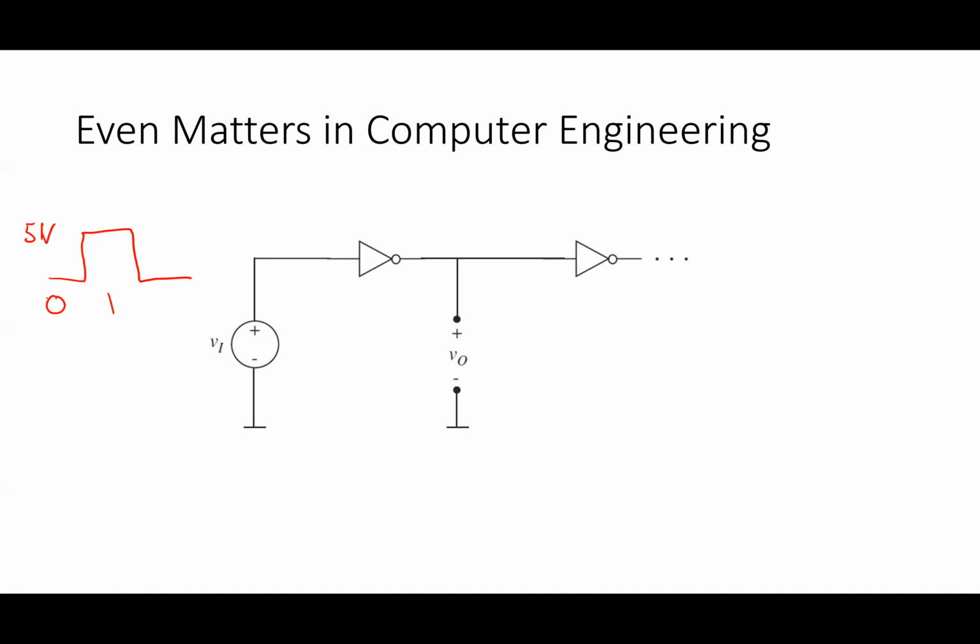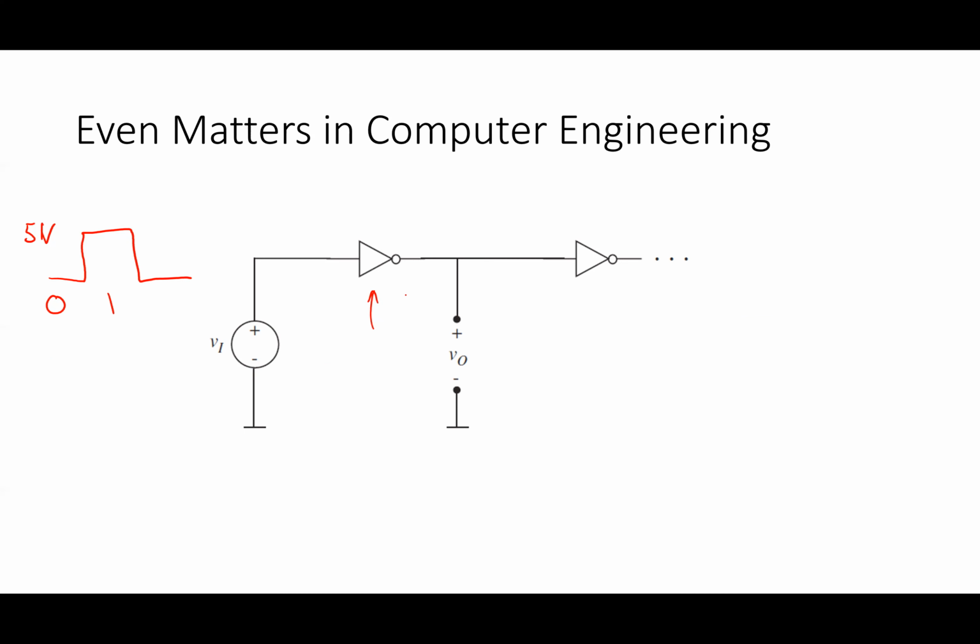So if I had that right there as my VI, this guy in computer hardware would be some kind of transistor or a combination of transistors. What would VO look like here in this circuit? Right, so it's an inverter. If I give an inverter a 0, what do I get out of it? A 1. If I put a 1 into it, I get a 0 out, right?